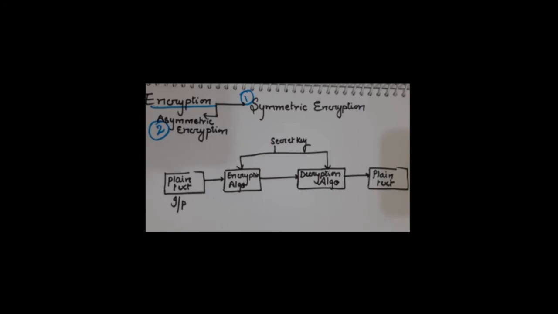Symmetric encryption is a form of crypto system in which encryption and decryption are performed using the same key. I repeat, both encryption and decryption will have the same input. If you remember, I told you that the encryption algorithm and the decryption algorithm both take a secret key as input. They need a key.